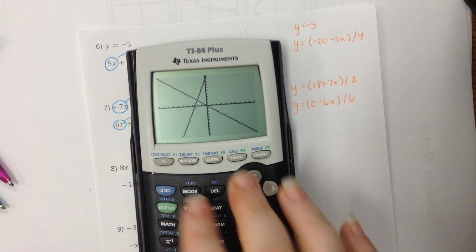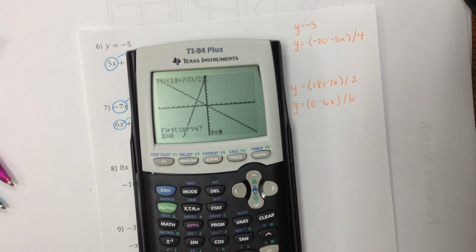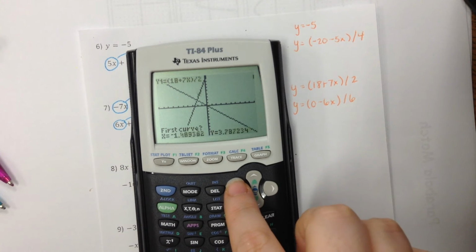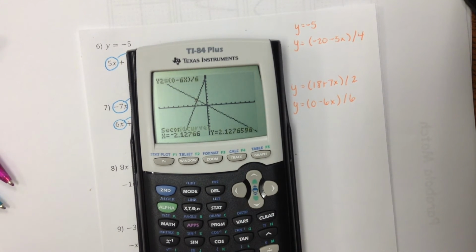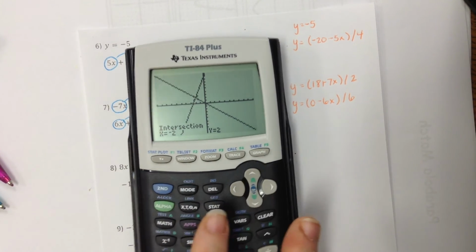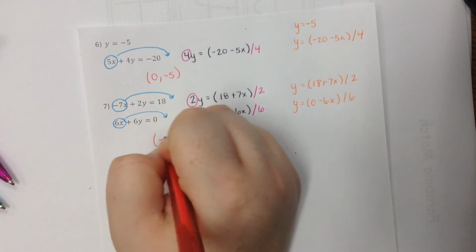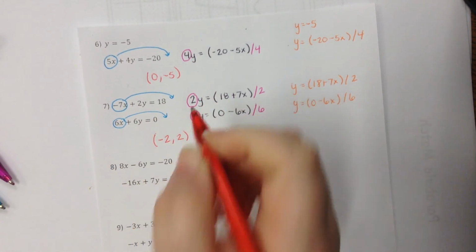So we're going to press second trace 5. And you do need to wait until the graphs completely load before you press second trace 5. My cursor is up here. I'm going to move to the left. I'm going to press enter, enter, enter. The intersection is at negative 2, comma, positive 2.